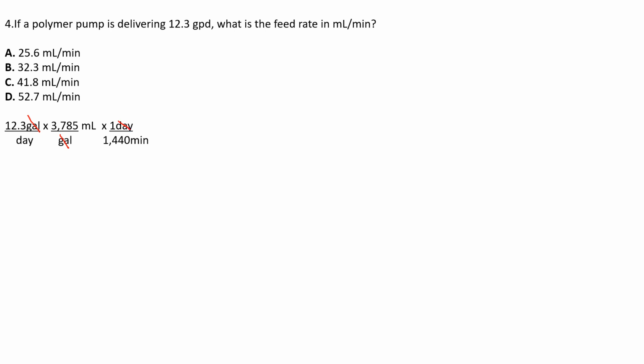Your day was on top, your day is on bottom. They cancel, and you're going to be left with milliliters per minute. So again, 12.3 gallons per day times 3,785 milliliters per gallon times 1 day over 1,440 minutes. Your answer is 32.33, or B, 32.3 milliliters per minute.